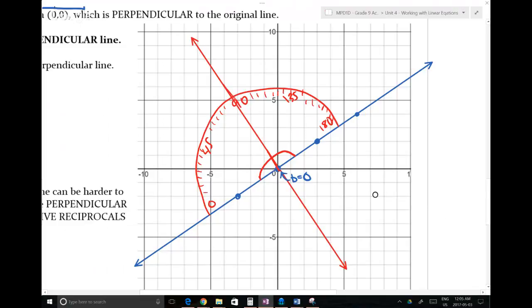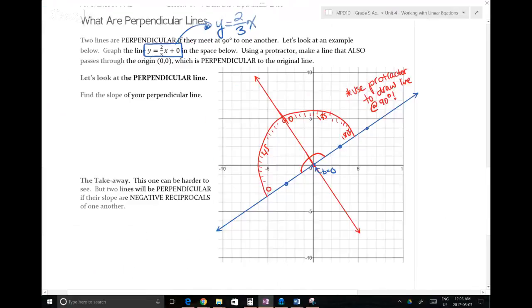And there we go. So you're going to use your protractor to draw a perpendicular line. So this is what perpendicular lines look like.